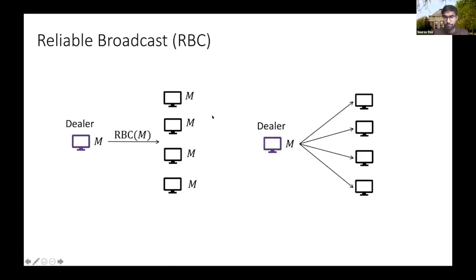One naive approach is that the dealer simply sends the message to everybody and everybody outputs it. This won't work because the dealer could be malicious, and it might send different messages to different nodes, and everybody will output a different message. We don't want that. We want to emulate a broadcast primitive where the dealer can say only one thing in the broadcast channel and everybody will output the same thing.